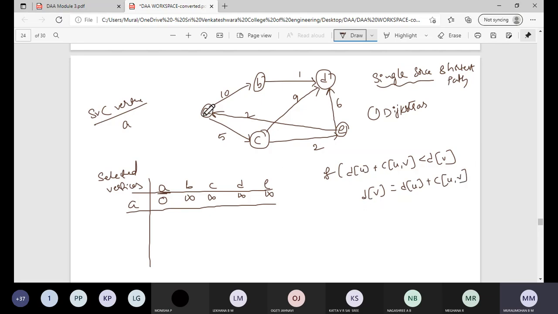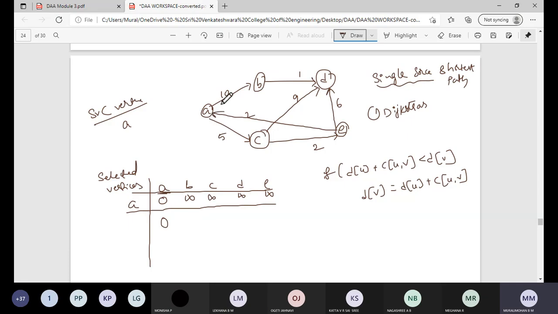So here, suppose I take this as vertex u and this as vertex v, right? Now you apply for this. A to A we are having distance of 0. A to B, update this one. What value will we get? 10, right?